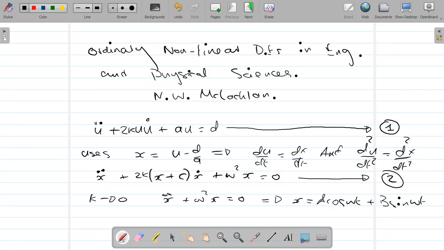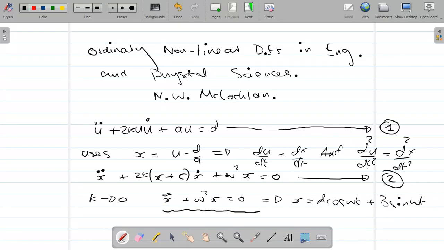So that would be the sinusoidal motion. So when k or kappa is small, equation 2 reduces to the simple harmonic motion equation.